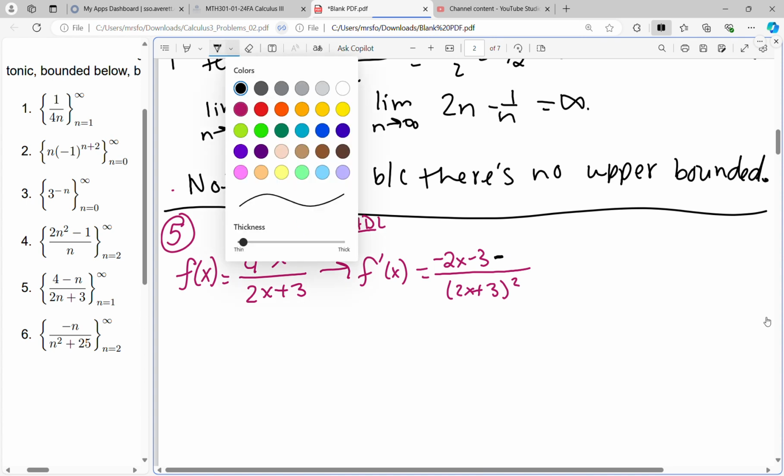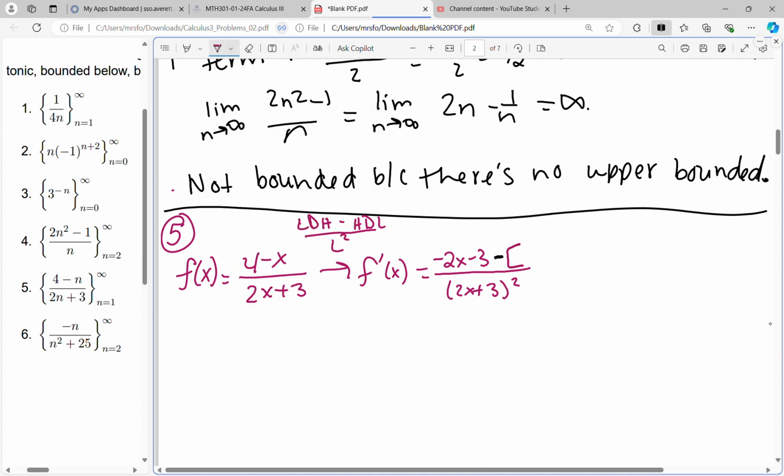Then minus, we have high, which is 4 minus x, times the derivative of the low. The derivative here is 2. So that would become minus 8 minus 2x. So simplifying, negative 2x minus negative 2x cancels.